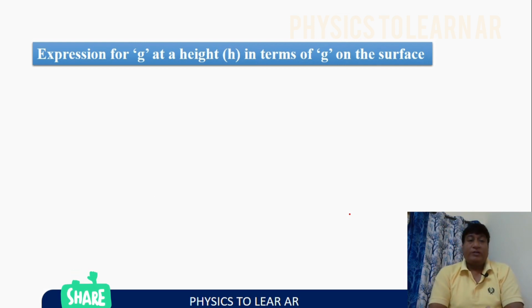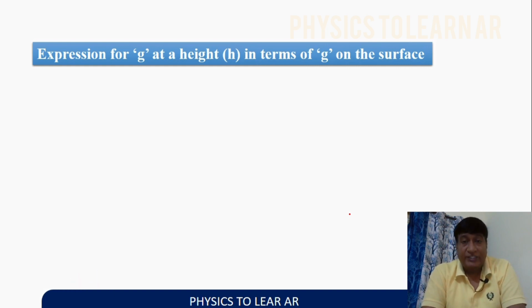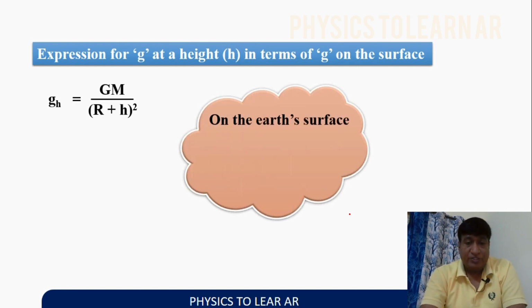Further, the expression for g at a height in terms of g on the surface. This we have already proved: g_h is equal to G M by (R plus h) whole square.